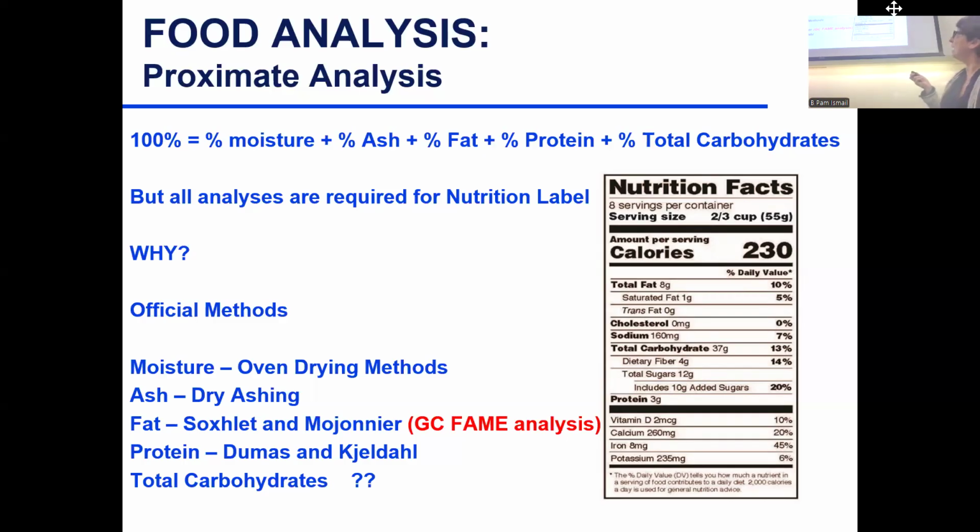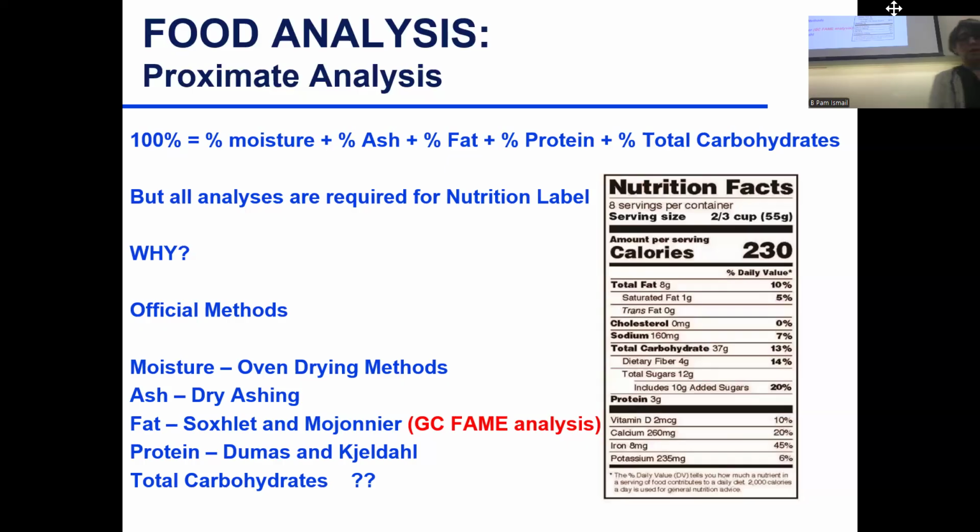Then there is an assay for dietary fiber and there is an assay for sugars, separate from the total carbohydrate measure, which is by subtraction from 100. So that's why when I need to do a nutrition label, I have to analyze all four components so I can get the total carbohydrate.